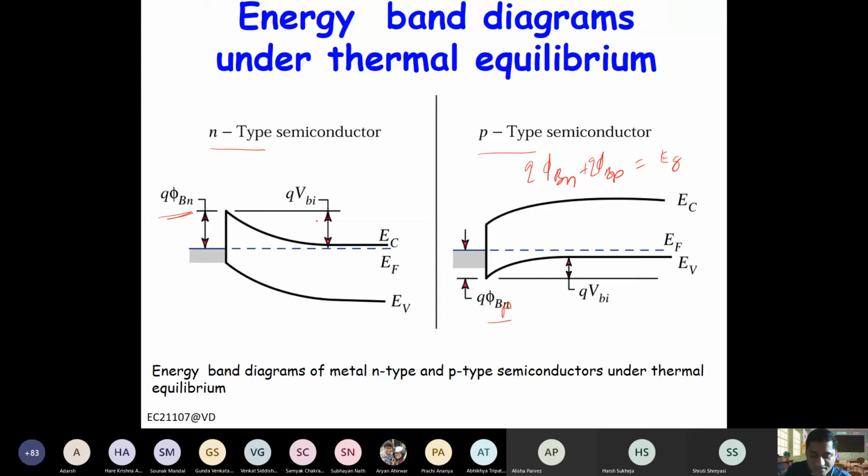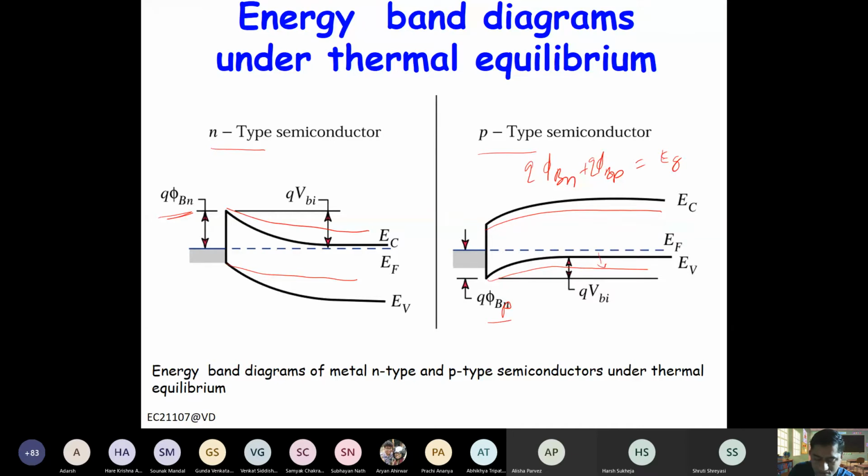And of course this built-in potential you can vary by applied voltage. So maybe you now take 1 minute to draw the band diagram with forward bias and reverse bias. In forward bias, this barrier will reduce, right? Here also this barrier will reduce.